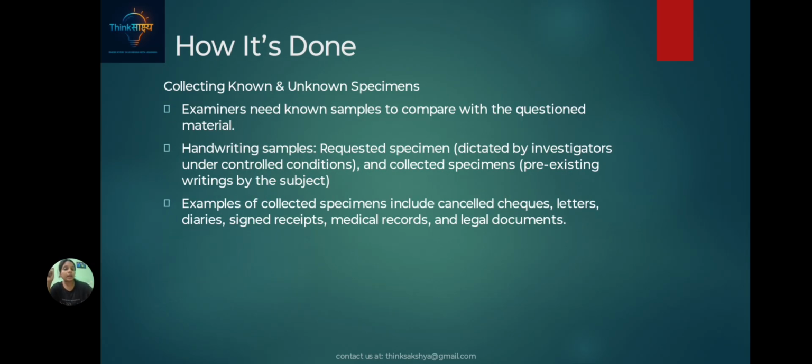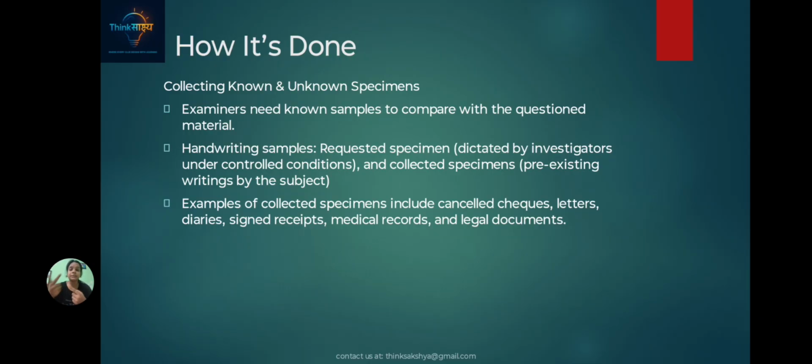Collecting known and unknown specimens. Now we have some suspected evidence from the crime scene. How are we going to compare it, and what are we going to compare it with? For this matter, we collect a known sample and an unknown sample. Examiners have proper protocols for recording a sample from a suspect.